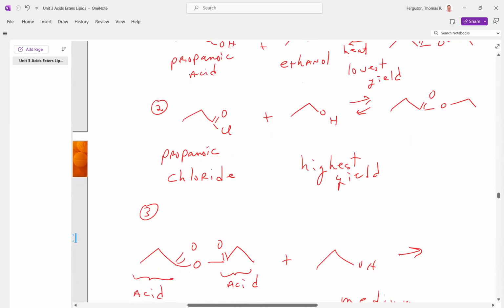So what dictates these yields is the stability of what you're starting with. Because the acid chloride is so unstable, it wants to react. The acid is fairly stable. So that's why you have to force it in an acidic environment with heat to get it to go to the ester, because the acid originally is stable.